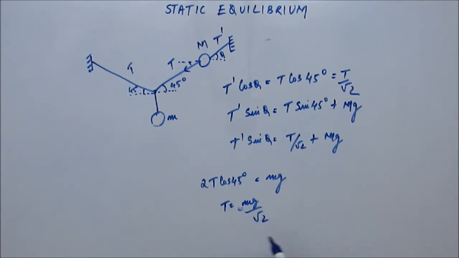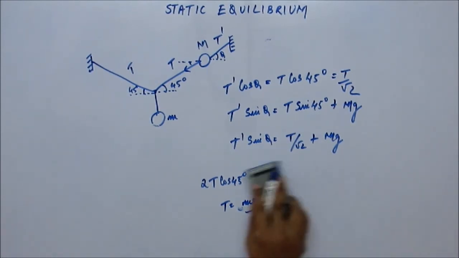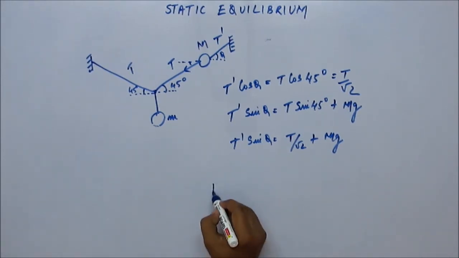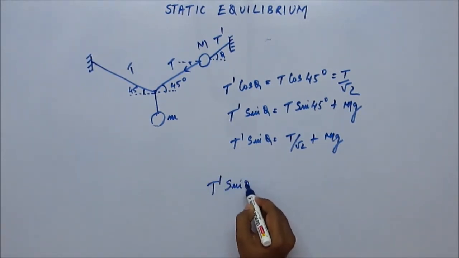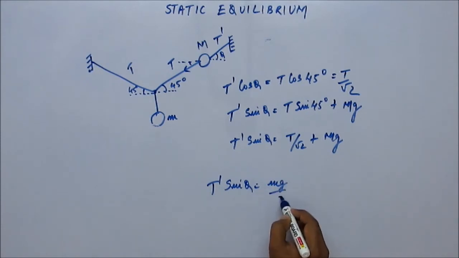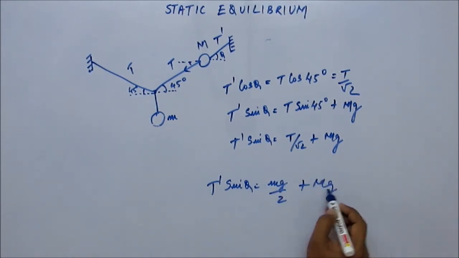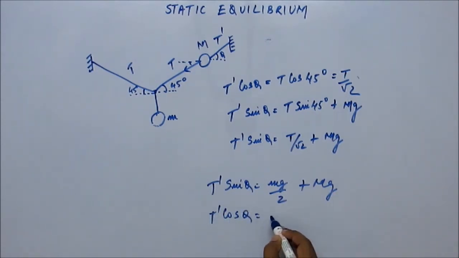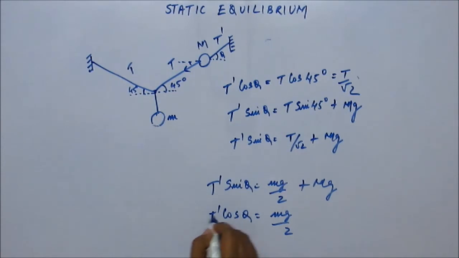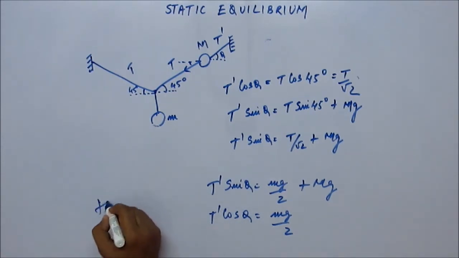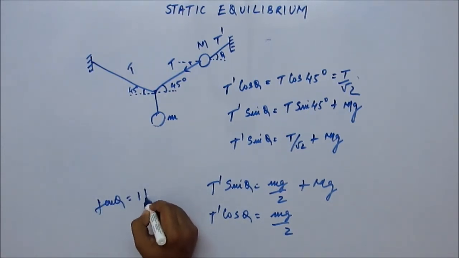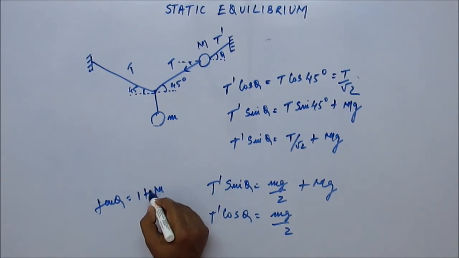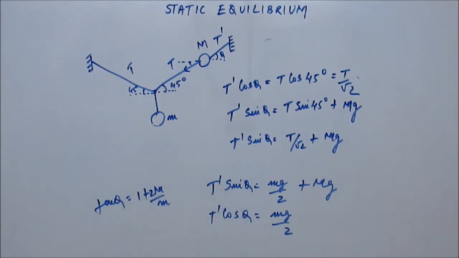So if we put T is equal to small mg upon root 2 in these two equations, we get T dash sin theta is equal to small mg upon 2 plus capital Mg, and from here we'll get T dash cos theta is equal to small mg upon 2. If you divide the first equation by the second, you get tan theta is equal to 1 plus 2 times capital M upon small m. So that was option number 1, I guess, option number A. So this is the right option.